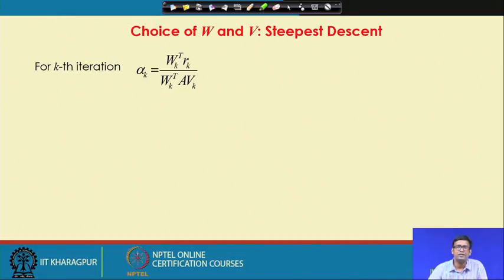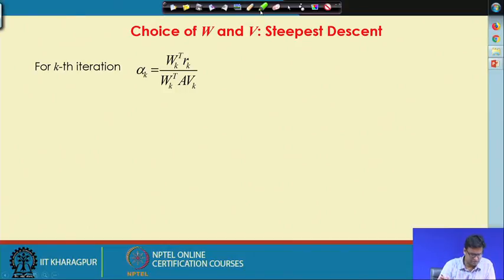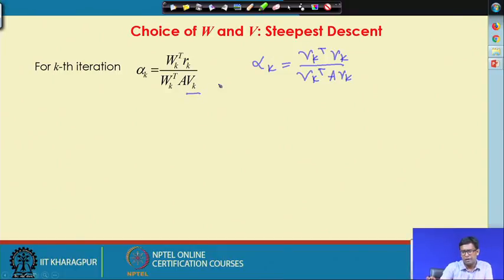Let us quickly check with the steepest descent method, which gave us alpha k equal to r k transpose r k by r k transpose A r k. So, if we compare them, v k is r k, along r k.